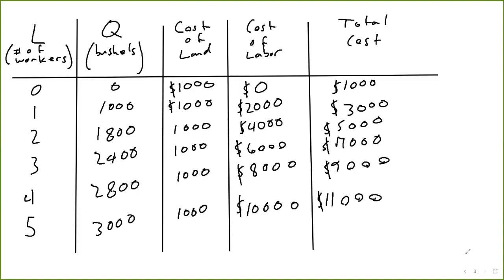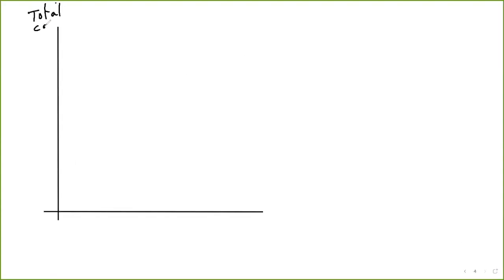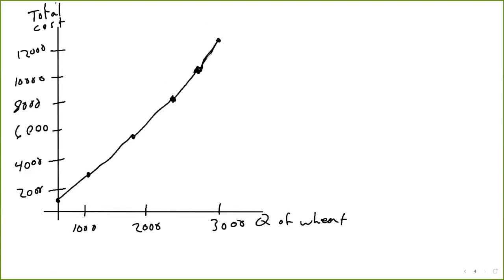Like everything in this class, we can plot it on a graph. So when we graph this, what we get, the line is called the total cost curve. And this just represents the relationship between the amount of production and the total cost for that production. And so like everything else we've plotted, the slope of what we plot has meaning too.